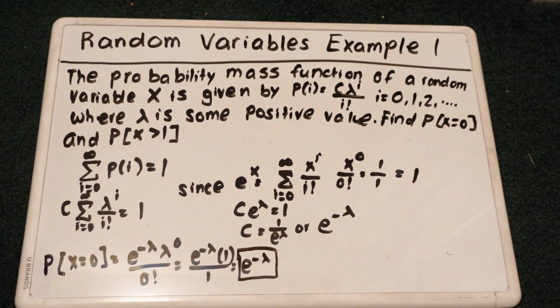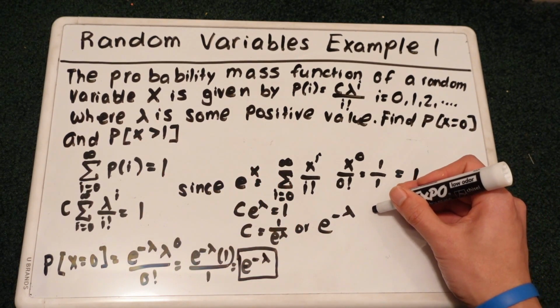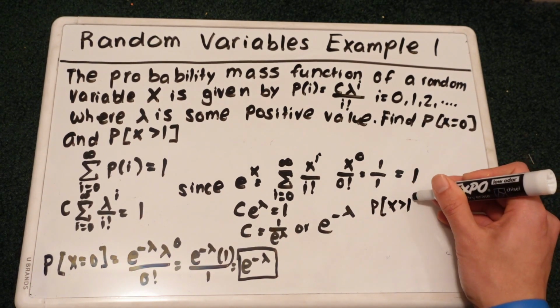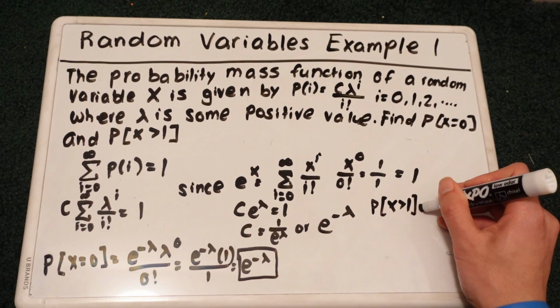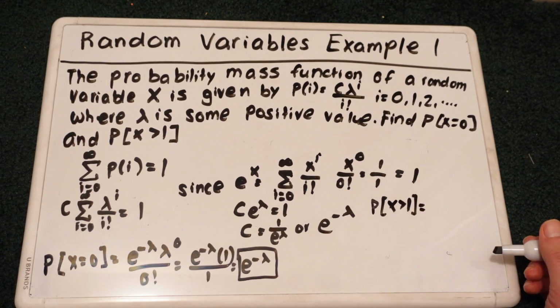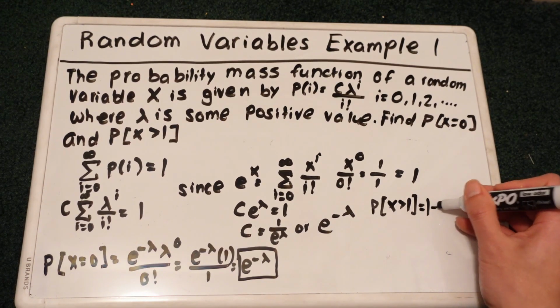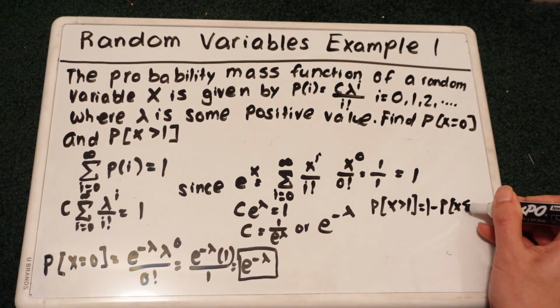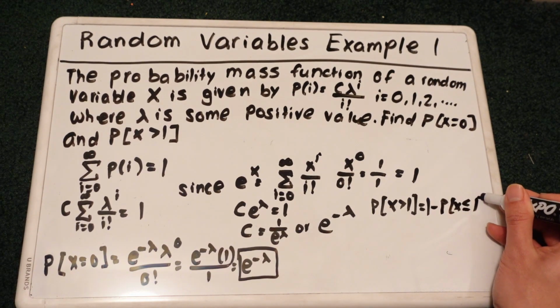Now we need to figure out the probability that X is greater than 1. So let me write this over here. Basically, when you have the probability that X is greater than 1, it's just 1 minus the probability of X less than or equal to 1.